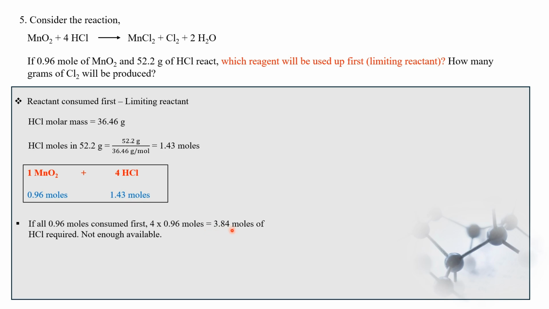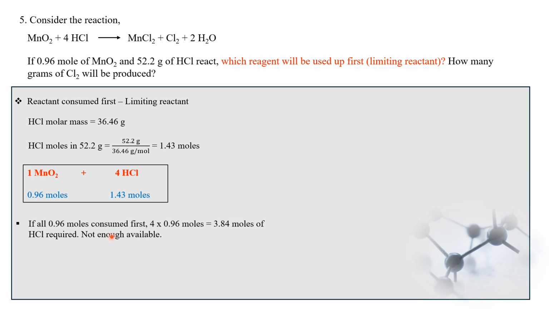That is 3.84 moles of HCl that should be here if all 0.96 is consumed. Then look at the amount available. Only 1.43. We don't have this much. So this is not the limiting reactant. Then 0.96 is not our limiting reactant. It is not consumed first.